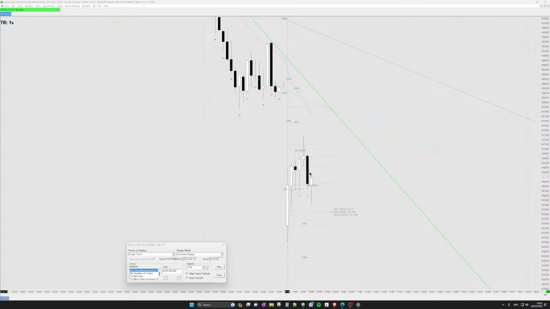Entry. Yeah, I'm not sure. It's rangy, so given how strong that bear bar was, it's dangerous to go long. Also, there are trapped bulls from those highs, especially here.